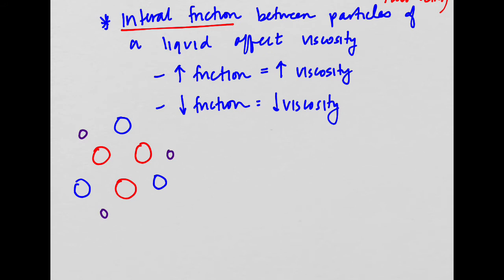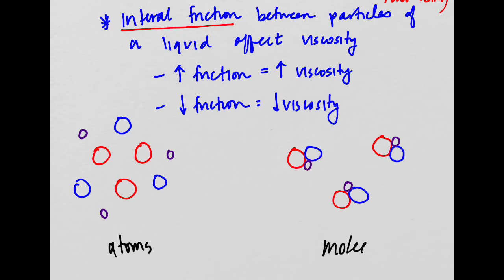So these are atoms, but what can happen is atoms can join together, let me draw them out. They can join together in a special way to form this thing called a molecule.